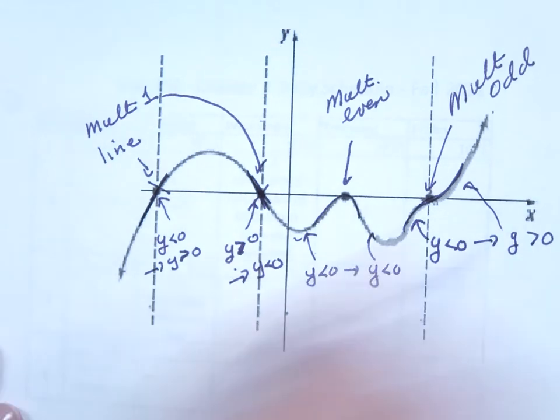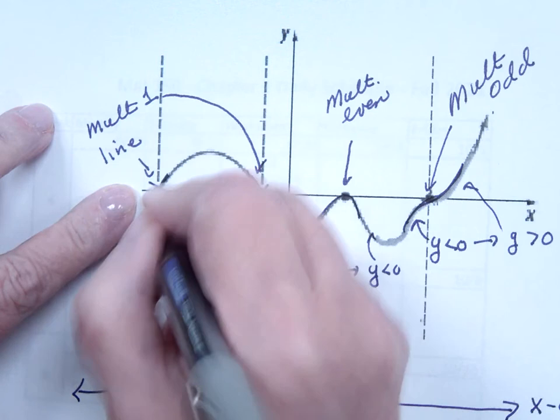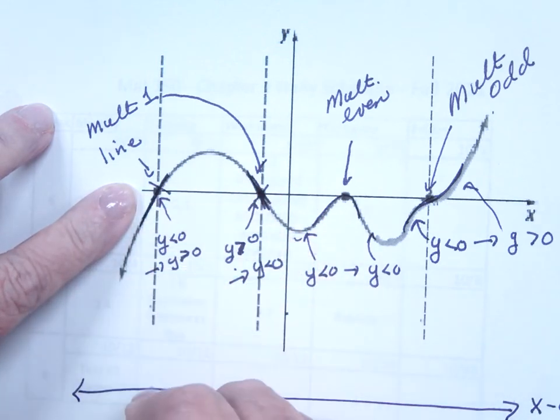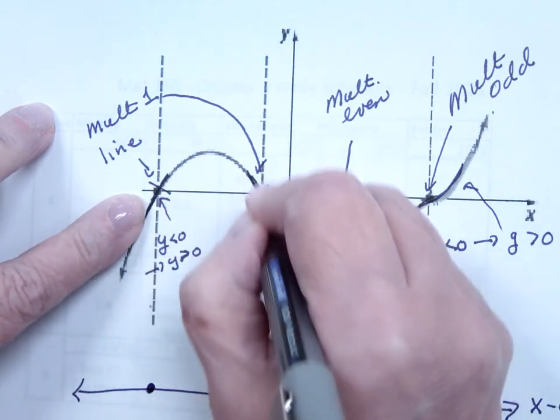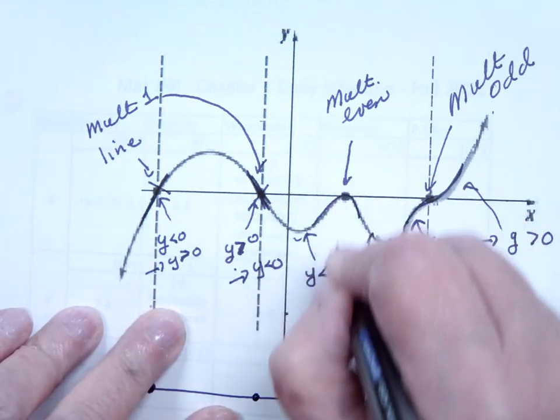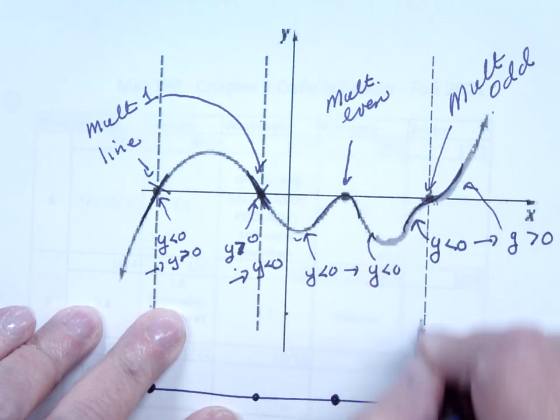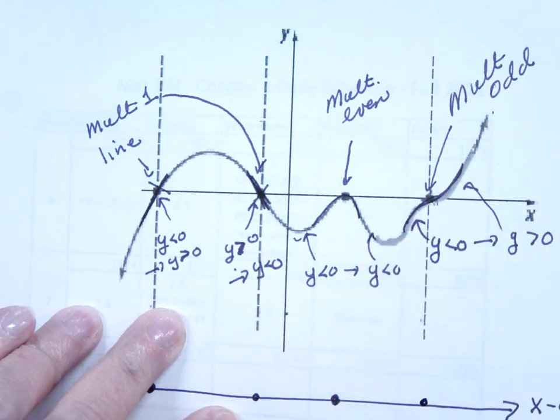Now, if I took the graph away and did what we do in calculus, whether it's the derivative, first or second derivative, this is the x-axis, and I mark my critical values. There's a critical value here, critical value here. Where the parabola thingy is, there's a critical value. There's a critical value.